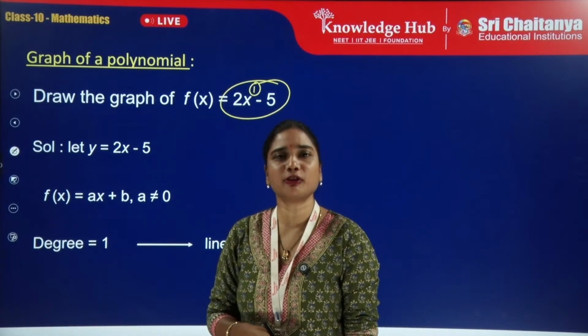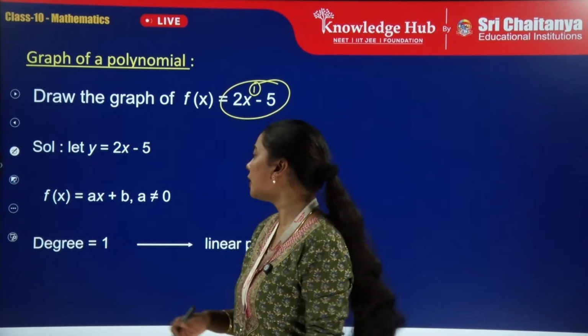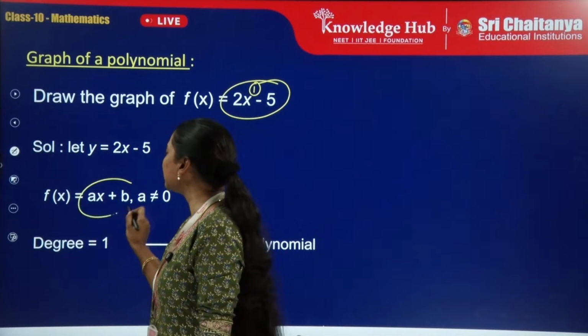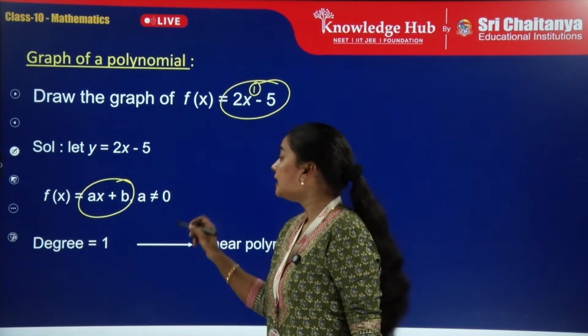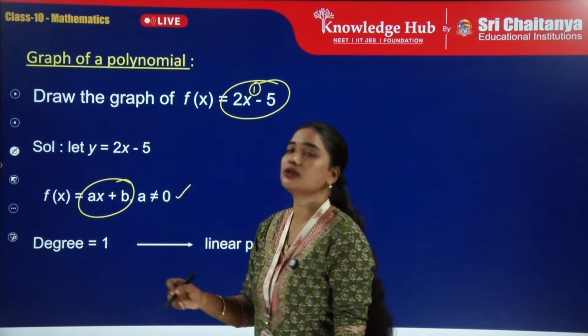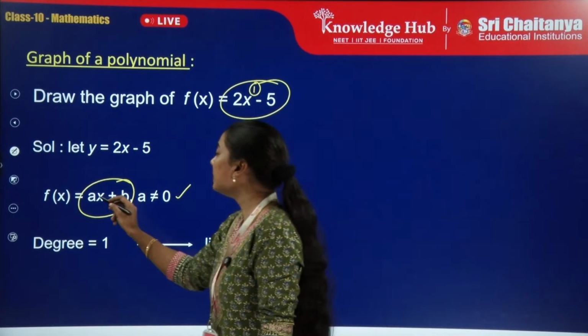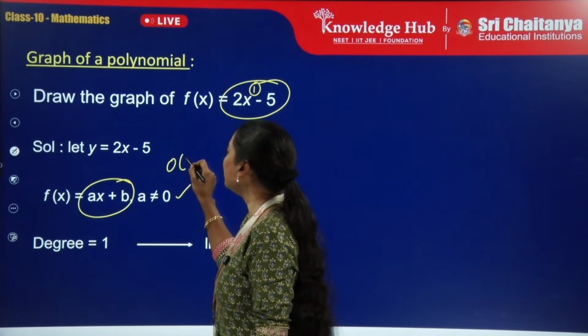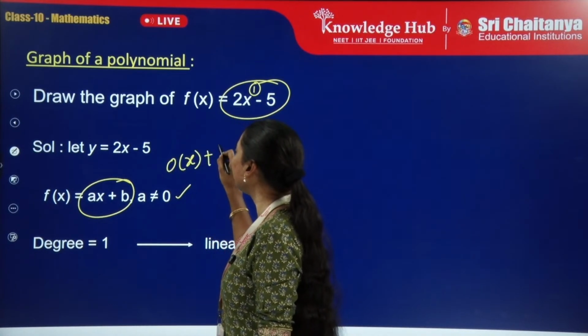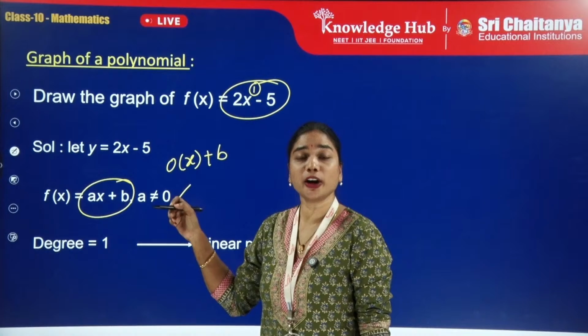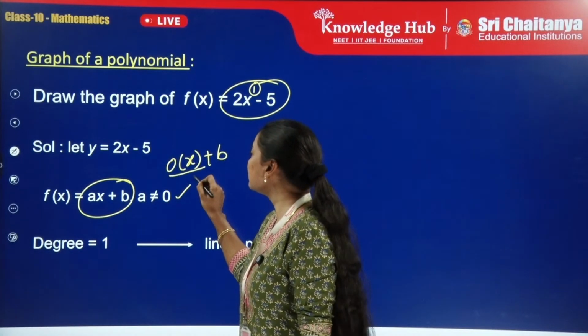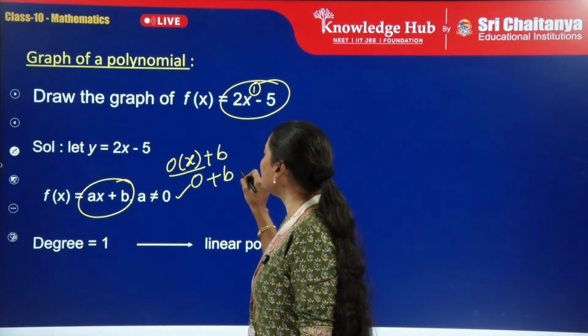The general form of a linear polynomial is ax plus b, where a should not be equal to 0. Why should a not be equal to 0? If a becomes 0, this will be 0 times x plus b, and 0 into x is 0, so the result is 0 plus b, which is b.